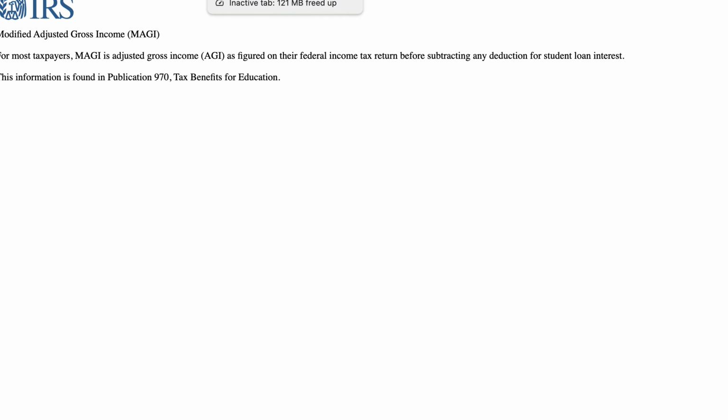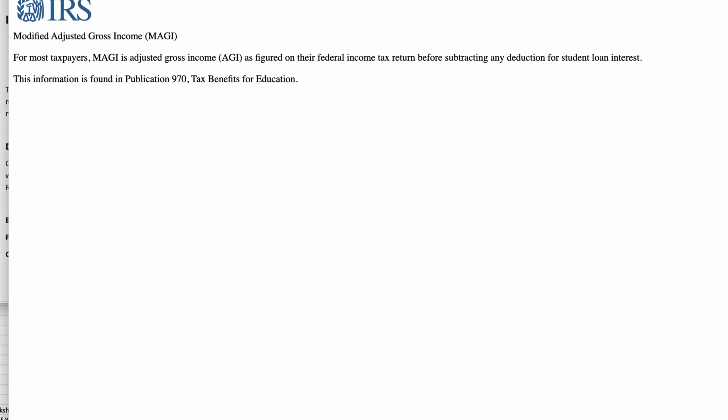So modified adjusted gross income. There are different meanings of this term depending on what situation you're in. So let's take a look at what modified adjusted gross income means for student loan interest deduction. So generally speaking, the modified adjusted gross income, or MAGI, is your adjusted gross income before you take any deduction for student loan interest.